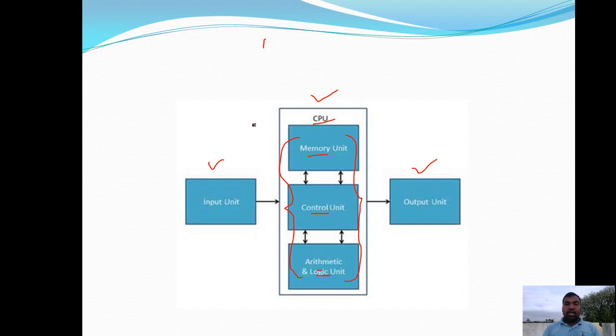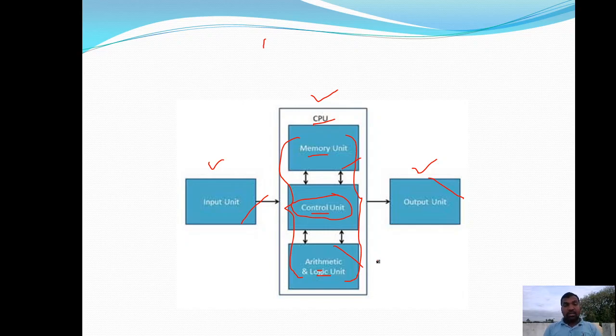Here, the control unit is the heart of the computer. It coordinates and controls all the components of the system: the input unit, memory unit, arithmetic and logical unit, and output unit. The output unit is responsible for giving the output to the user in a user understandable form.